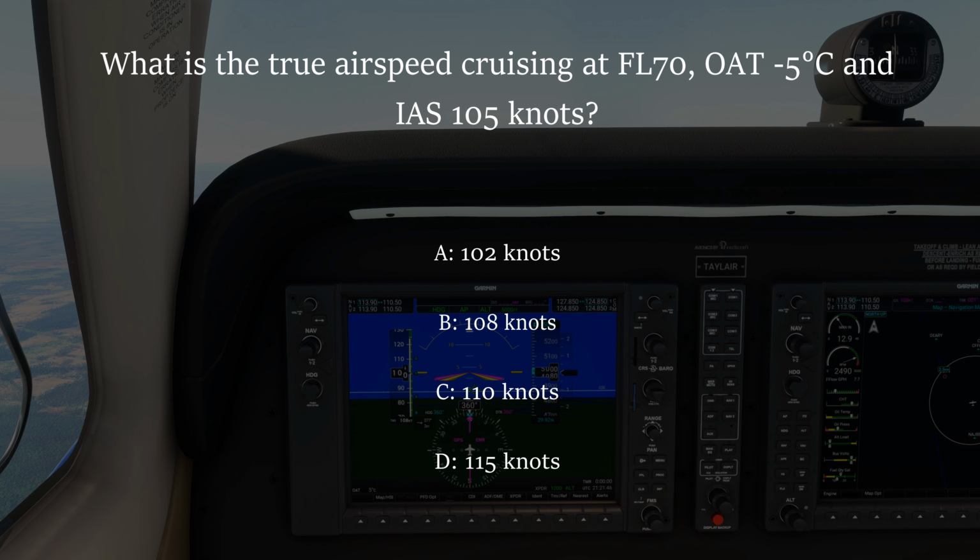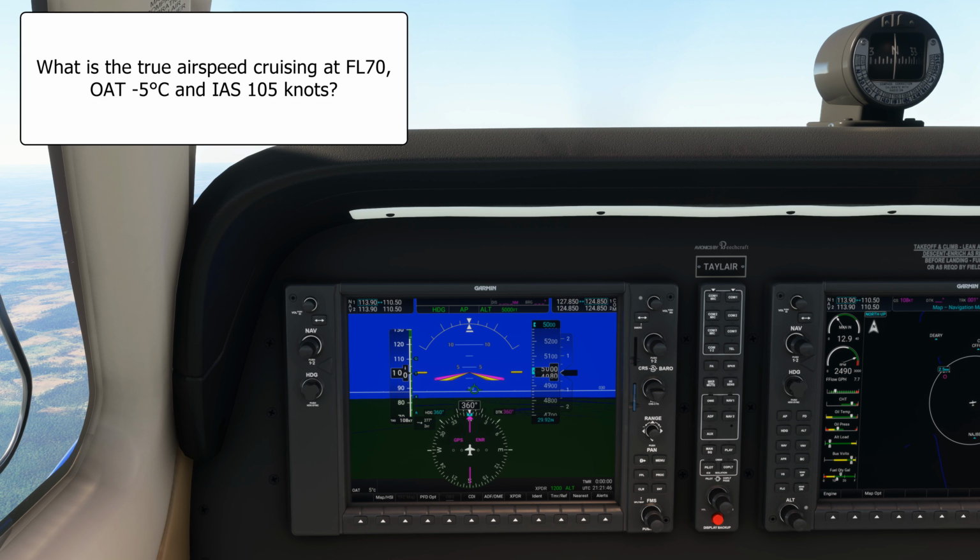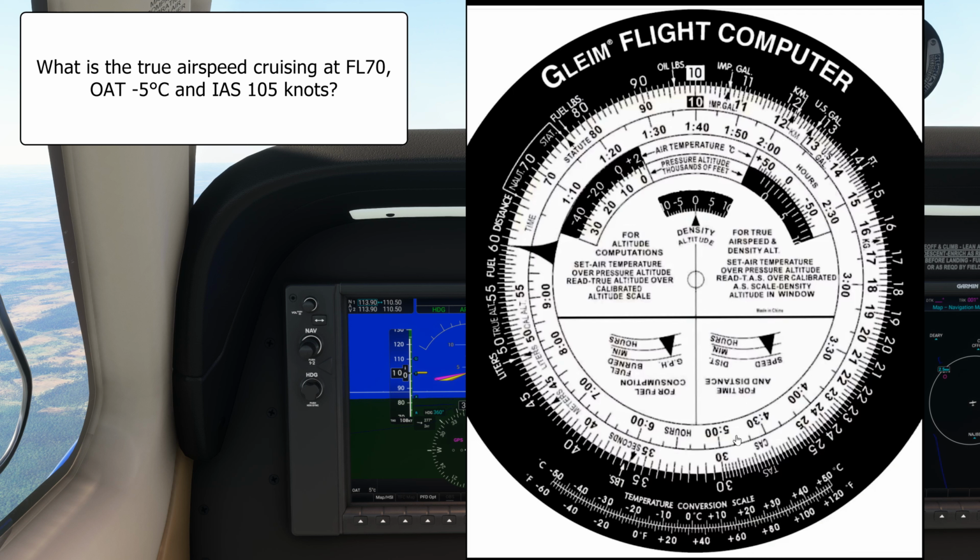Now, the difference between this and the first question is that we are no longer under the international standard atmospheric conditions, so we need to adjust our calculations accordingly. Now you can see we've been given an outside air temperature of -5, which is very useful. But you'll also see that on the flight computer it asks for pressure altitude.